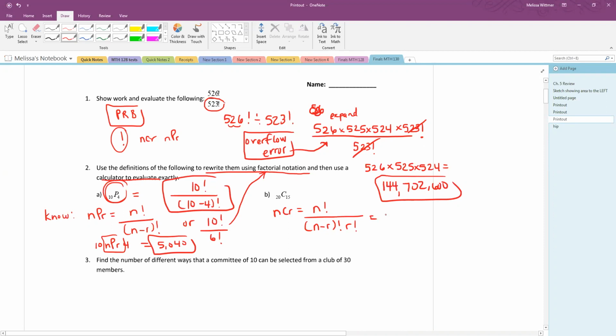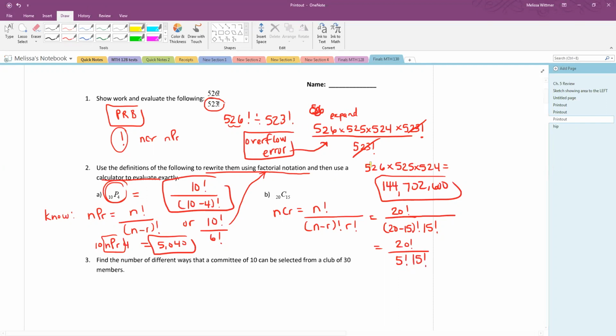And then for the combination 20, combination 15 would be 20 factorial divided by 20 minus 15 factorial, and then the extra 15 factorial. And then you can simplify that to 20 factorial divided by 5 factorial and 15 factorial.